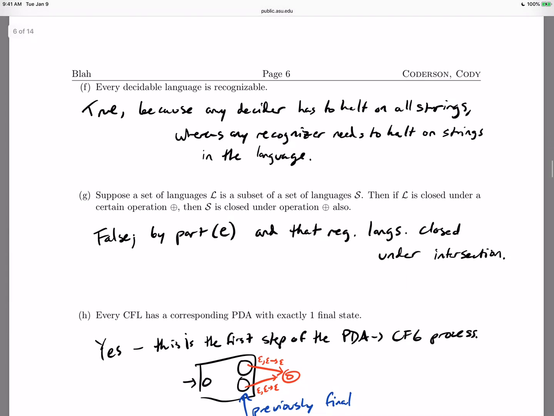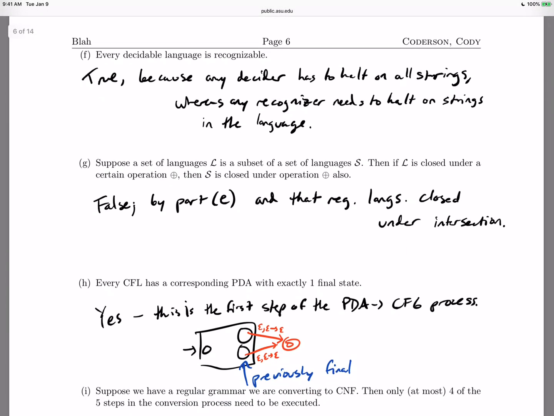Okay. F, you could have actually cited the definition for this one by saying that a decider is the language of some Turing machine and recognizers are the language of Turing machines. And so therefore, every decidable language is recognizable because it's the language of some machine, which implies it's recognizable.